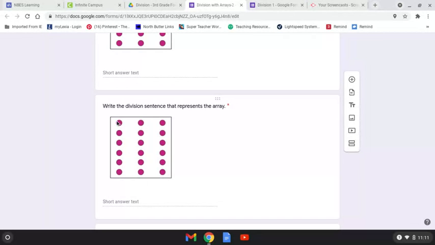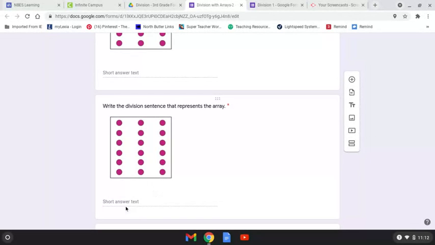That's going to give you 3, 6, 9, 12, 15, 18. You have 18 circles there. So your division sentence would look like this: 18, which is your dividend, divided by, and you're going to put that slash there. If you put 3 columns, 18 divided by 3 equals 6 rows.